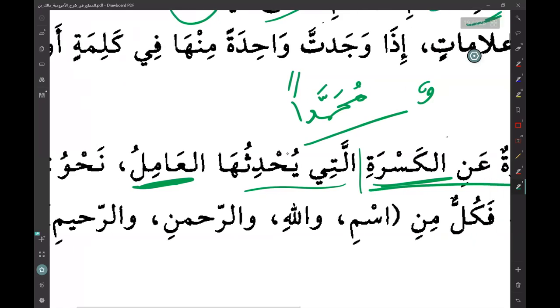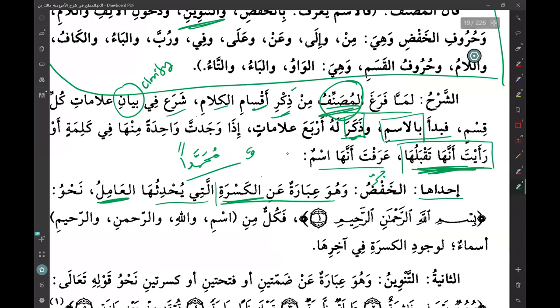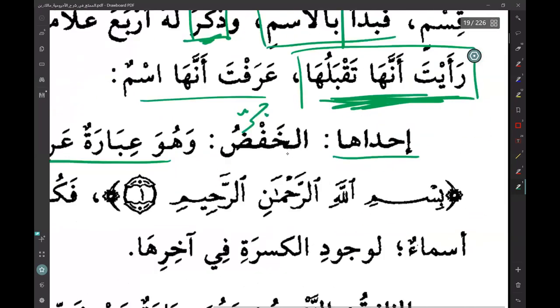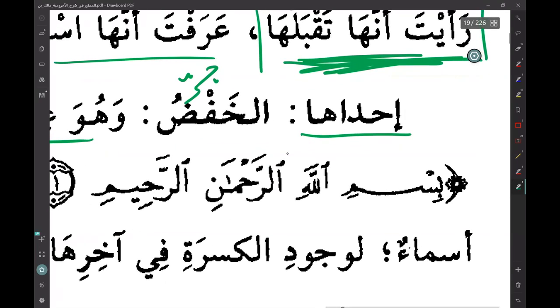Nahu, and then you have an example. Let me give you an example. Bismillahir Rahmanir Rahim. A perfect example to give, right? So we have lots of nouns here. For example, this one, there's an alif missing here, but it is a noun.